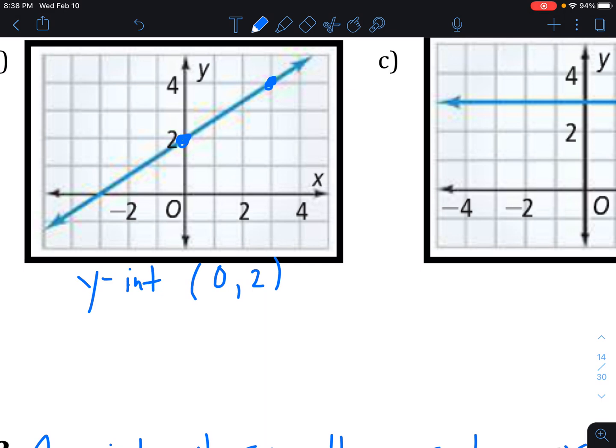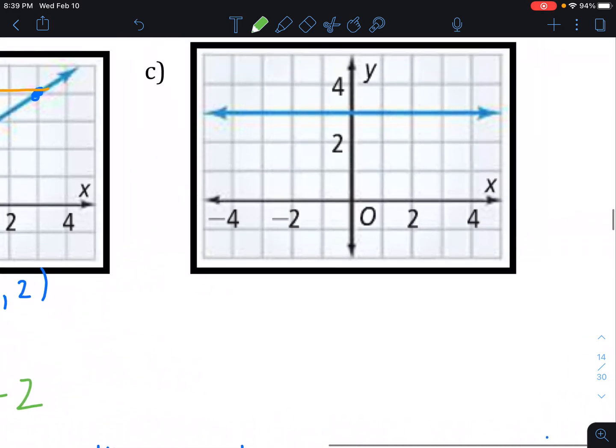So then I count. What is that slope? That is up 2, right 3. So I would say my slope is 2/3. So my equation, y equals mx plus b.